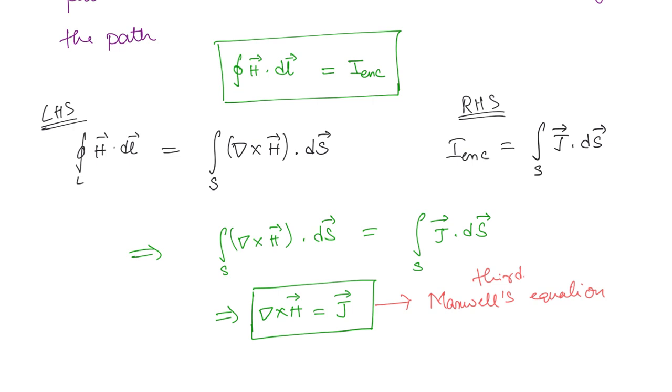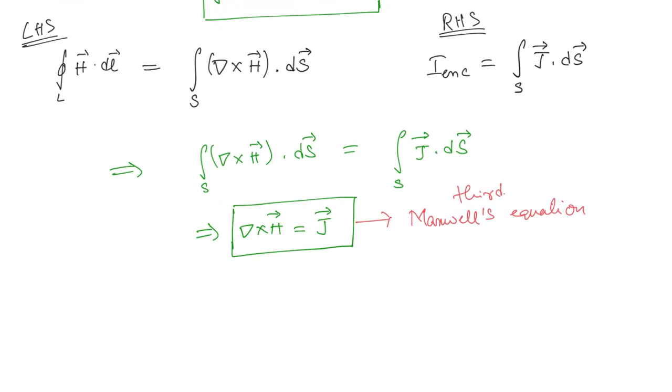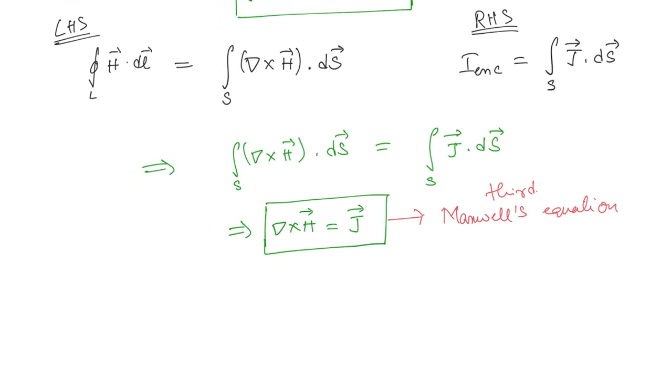Okay. So if you observe one thing here, in electrostatics, what was del cross E bar? Del cross E bar was 0, right? So this means that the electric field is a conservative vector. Okay.